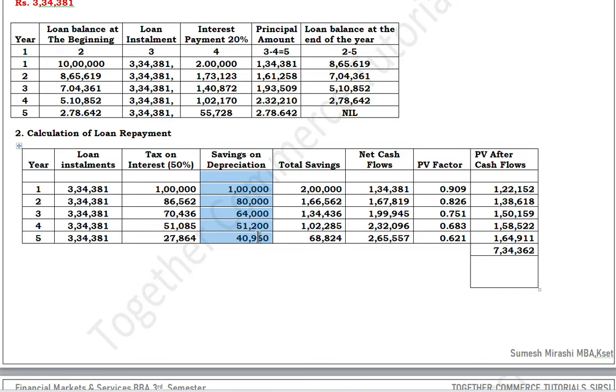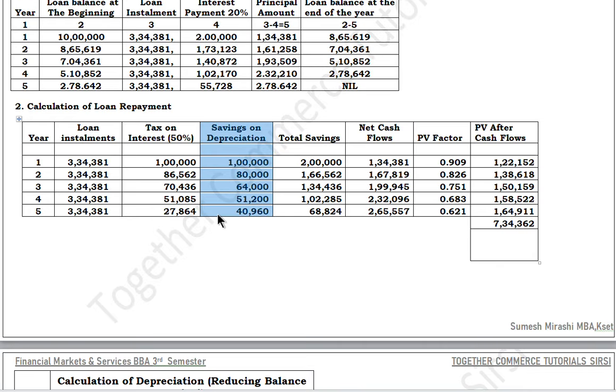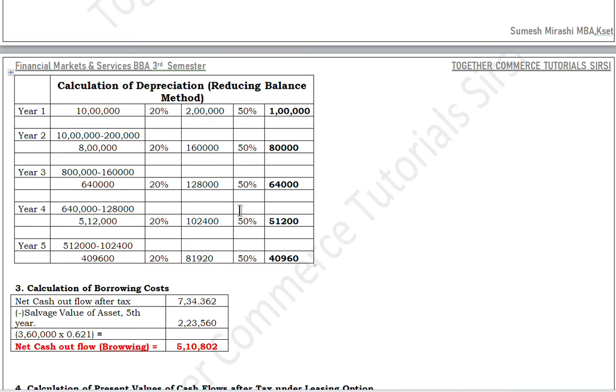Then tax saving on depreciation. This column is a bit important and it has one more calculation. To understand this column, you should see the next table. The depreciation is calculated like this, and to be kept in mind, the depreciation method they are using here is the reducing balance method. For year 1, the cost of the asset is 10 lakh.